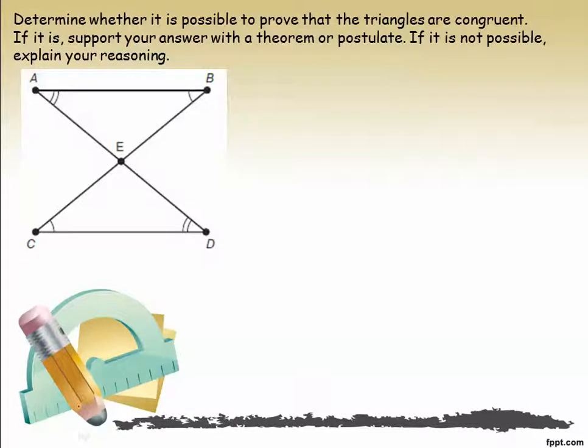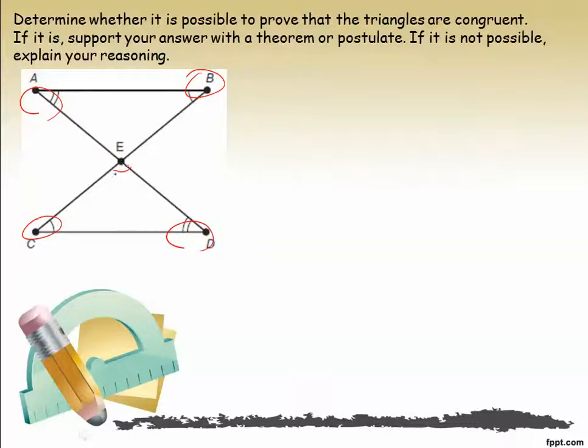The instructions are a little bit different on this one. Let's see what it says. It says determine whether it's possible to prove that the triangles are congruent. If it is, support your answer with a theorem or postulate. If not possible, explain your reasoning. Well, we look here and we see that B and C are corresponding and they're congruent. A and D are corresponding and they're congruent.